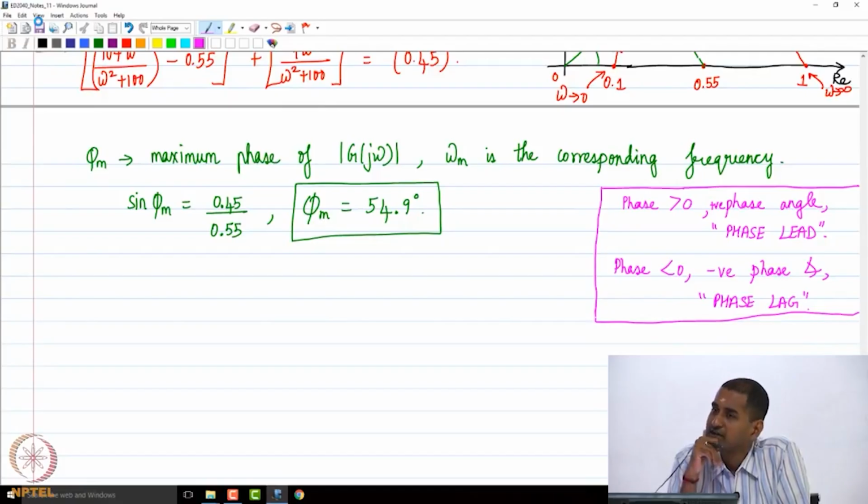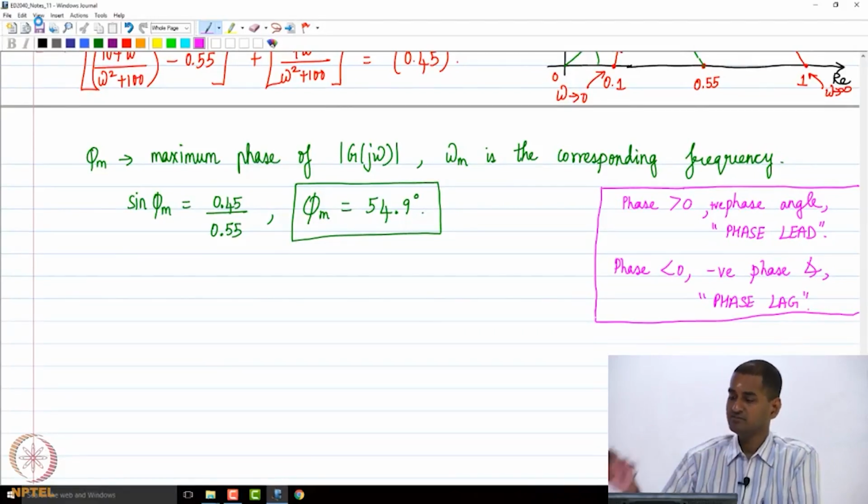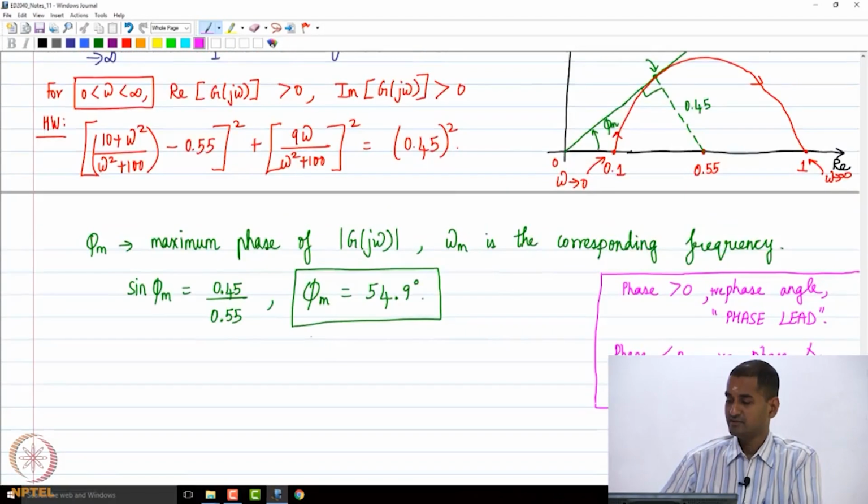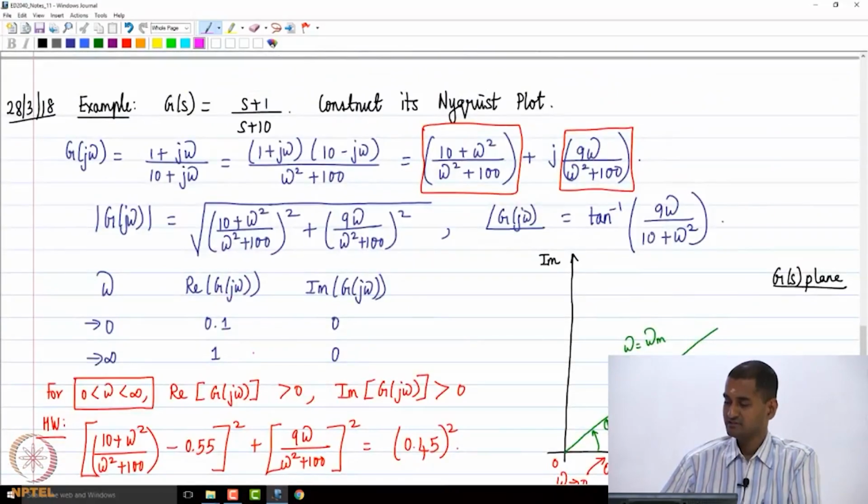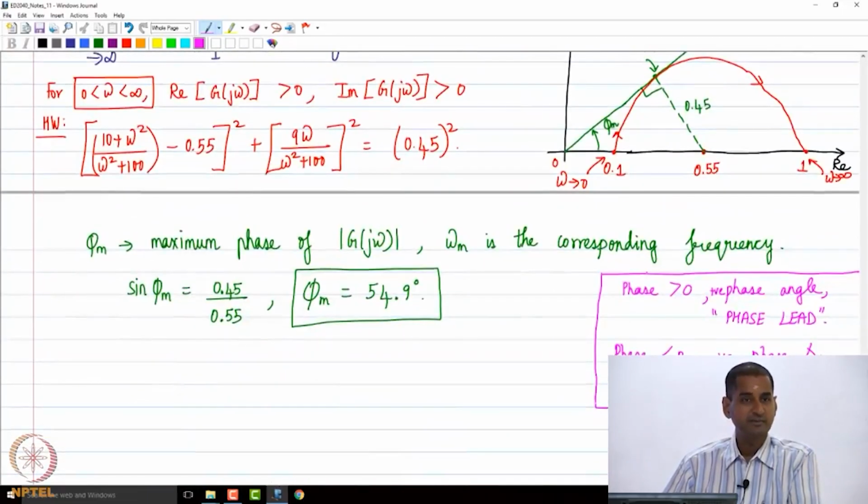Now, how do you find omega m? You know the equation for the phase angle, and then you plug it in and calculate omega m. You know tan phi m is going to be 9 omega m divided by 10 plus omega m square.